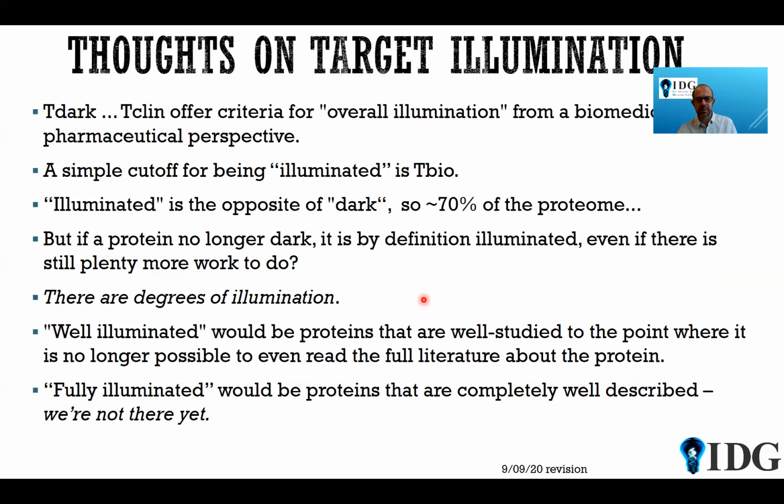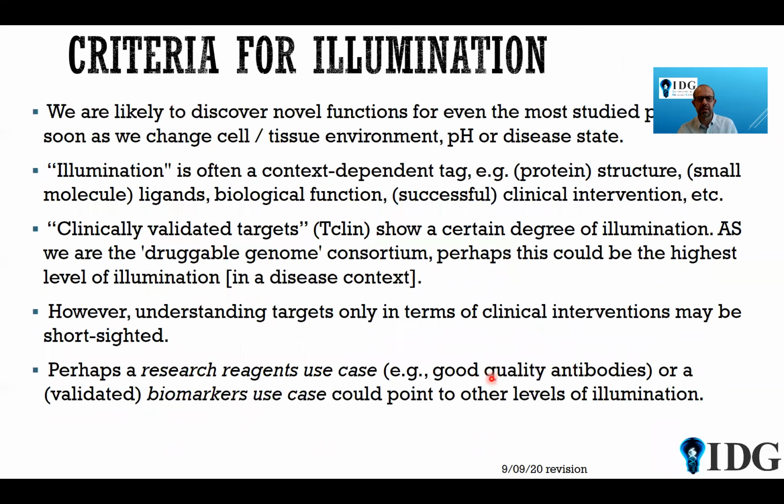So what I'm trying to say is that there are degrees of illumination, and one would consider perhaps that a well-illuminated protein is one that is well studied. It has hundreds of publications, and to the minds of many, the book has been written on those targets. However, I'm not really sure that there are a lot of examples of proteins that are completely illuminated.